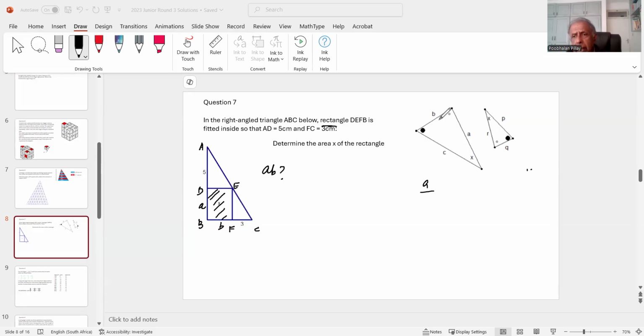So A corresponds to dot, and A over the side dot is R, is equal to B over the side corresponding to cross. The cross here is Q, so B over Q, and finally C over P. So when you've got two similar triangles, you always have this kind of ratio.